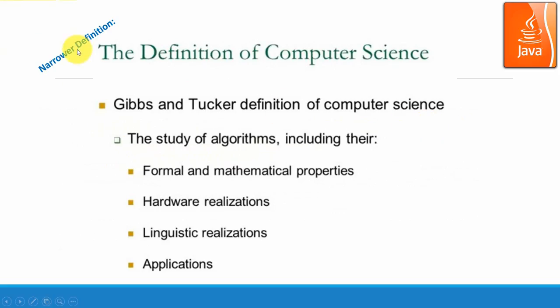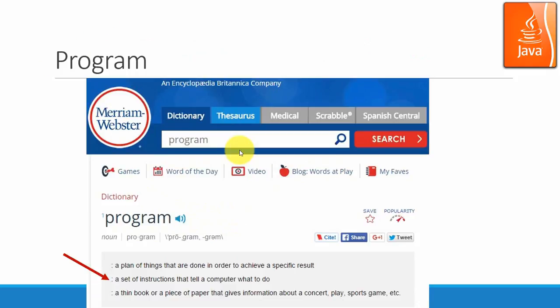In a narrower sense, computer science can be defined as the study of algorithms, including their formal mathematical properties, hardware realization, linguistic realization, or application. So it's actually focused on algorithms. It's a study of computing methods. The word program, by the dictionary definition for computers, is a set of instructions that tell what the computer should do.